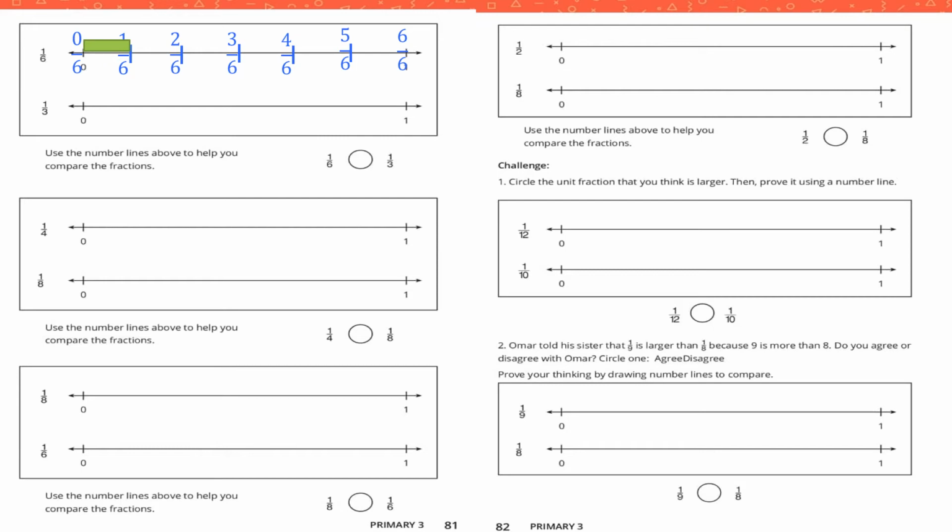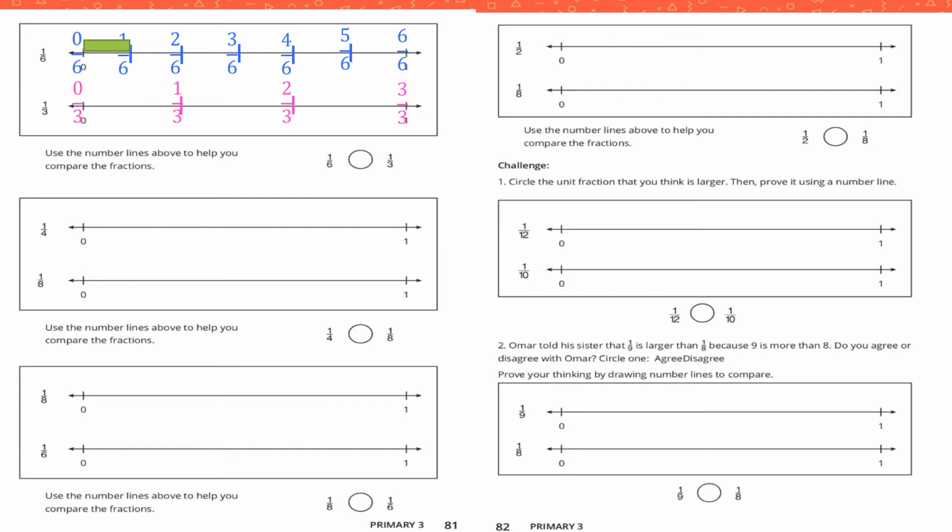Okay, let's represent also 1 over 3. We said it in the previous paper. Okay, also two dashes to make three equal parts, and label each dash 0 over 3, 1 over 3, 2 over 3 till 3 over 3.